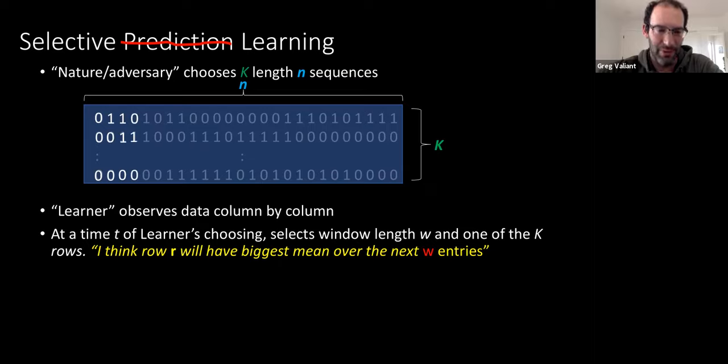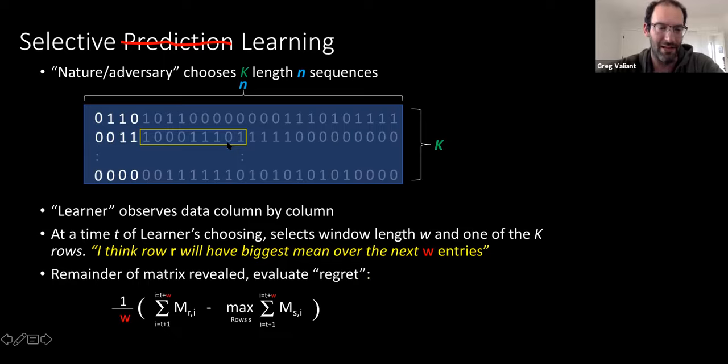And we're going to select a window W, and we're going to select one of the rows. And the thing we're going to say is, I think that row R is going to have the biggest average over the next W entries. So in this case, I'm selecting the second row down. This is my window W. And at that point, the game ends, we reveal the whole matrix.